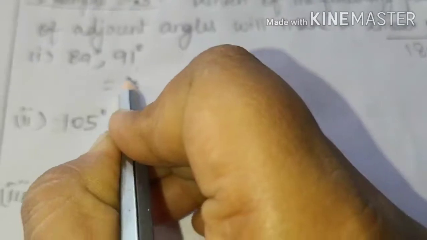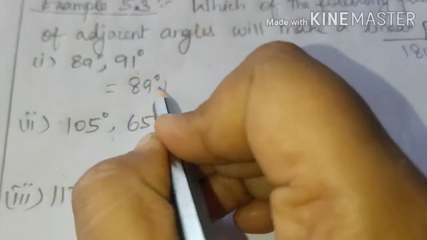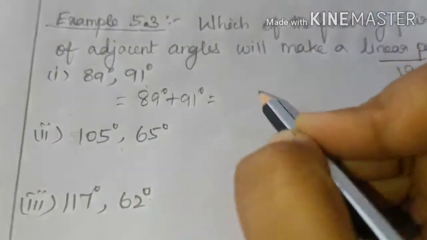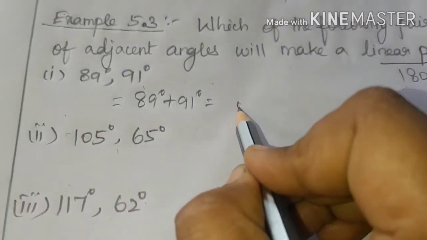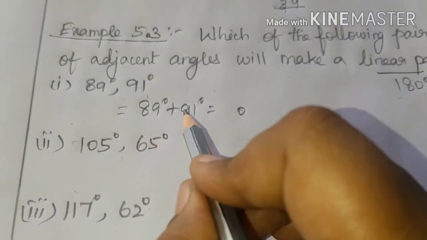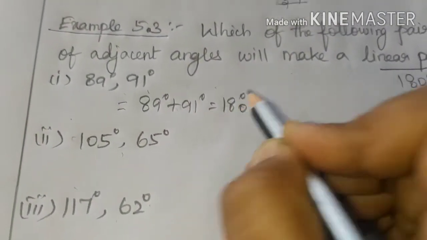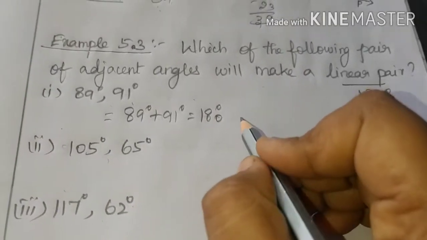Shall we do this? First one is 89 degree plus 91 degree. Add means how much will I get? 180 degree I will get. So it is a linear pair.